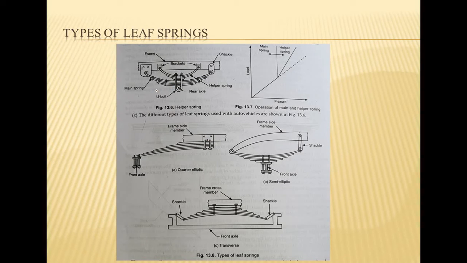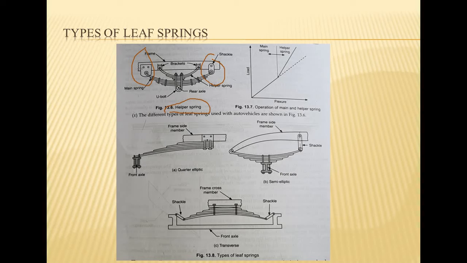The helper spring is a special type of semi-elliptical spring with no eyes at the ends. The spring is placed above the master leaf spring and the assembly is fitted in the suspension system of trucks and other heavy commercial vehicles.